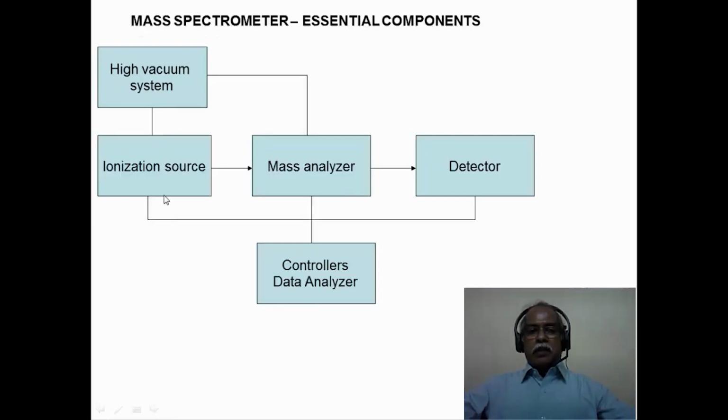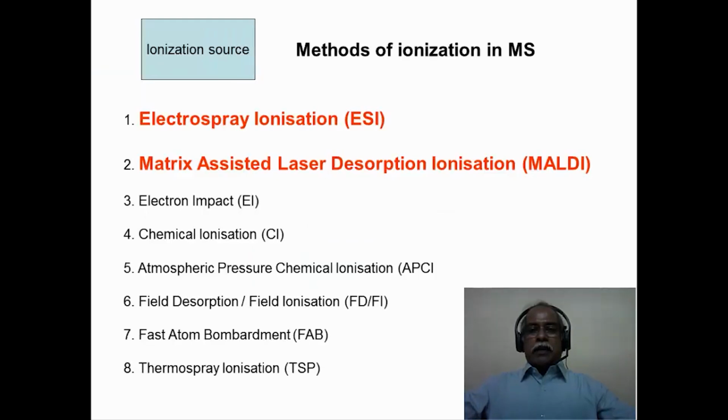The ionization source is also under high vacuum of the order of 10 to the power minus 6 or minus 7 torr. But there is an exception in the case of electrospray ionization mass spectrometry and matrix assisted laser desorption ionization mass spectrometry, where the ionization actually can take place at atmospheric conditions, and then the ionized sample is taken into a vacuum chamber, into the analyzer, and so on.